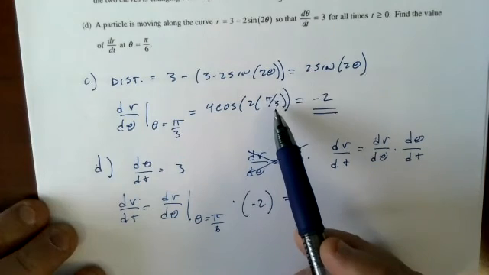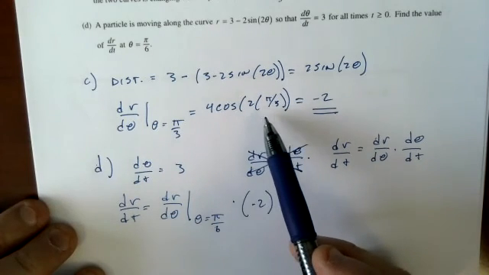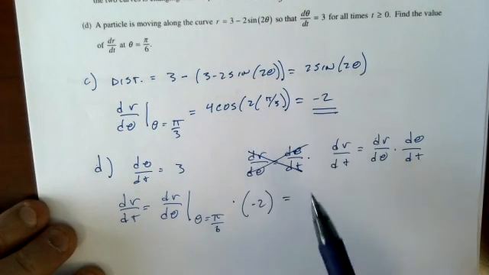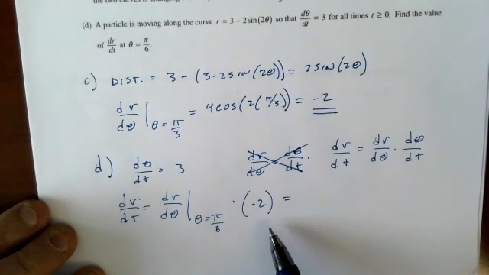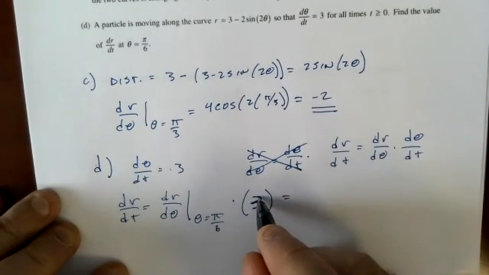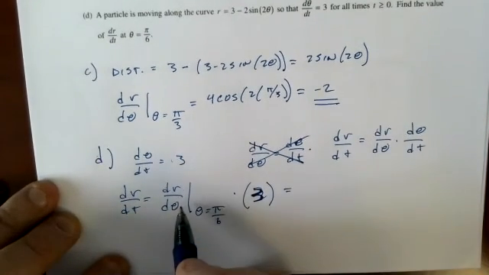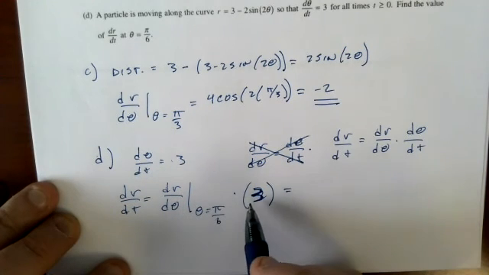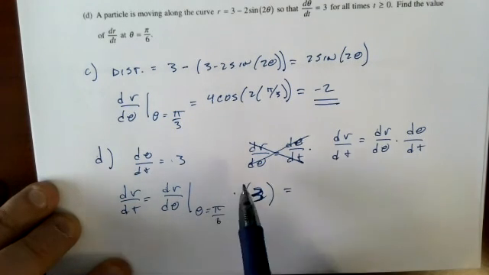Let's see, at pi over 6, it's like pi over 3. Cosine of pi over 3, 1/2. You get 2. Why did I write negative 2 here? Because I saw it up there. It's right there, you dummy. 3. What did I just say? Negative 2 times 3. Why did I get negative?